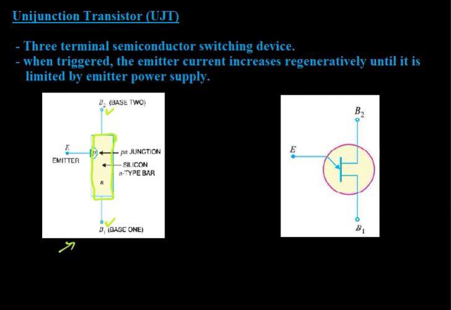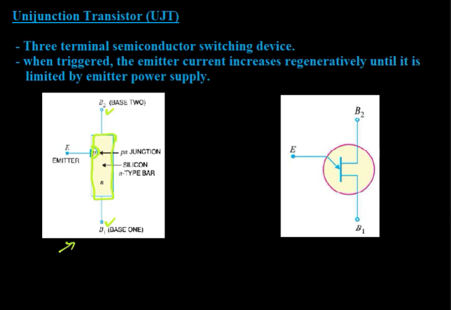Partway along the bar between these two bases, nearer to B2 than B1, you can see a PN junction formed between a P-type emitter and the bar. Here you can see a P-type emitter.